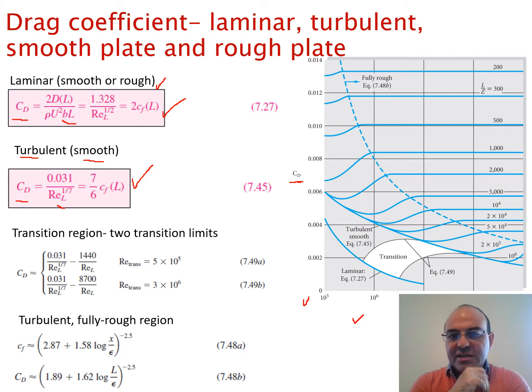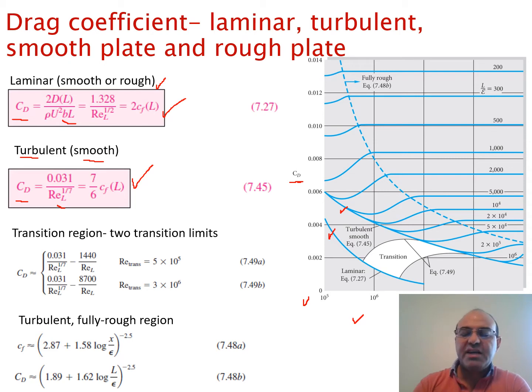Okay, so if you look at this diagram, which is similar to the Moody diagram in internal flow, you see this curve here. This is CD for laminar flow. This is the first equation, 727. Then for turbulent flow, a smooth tube or a smooth plate, this is the curve, which has no effect of roughness in it.